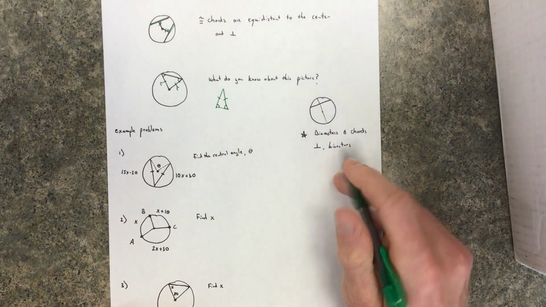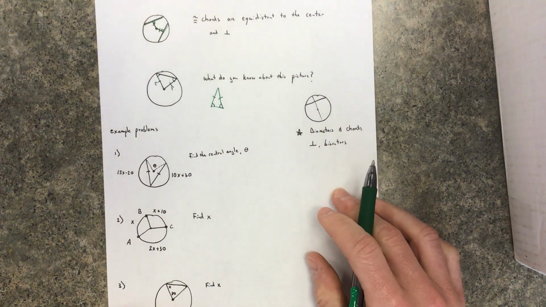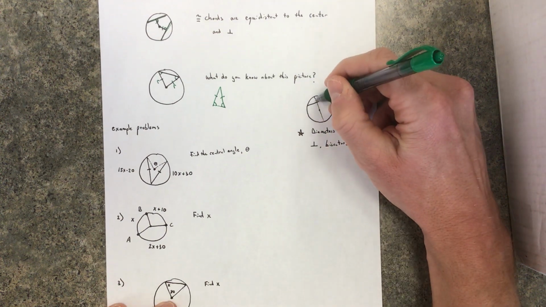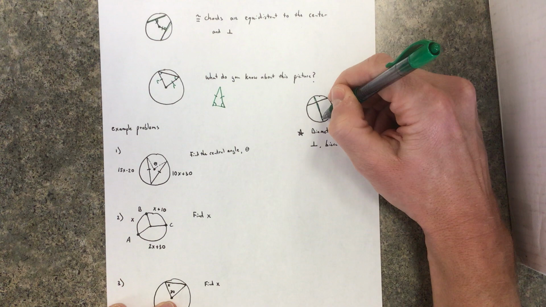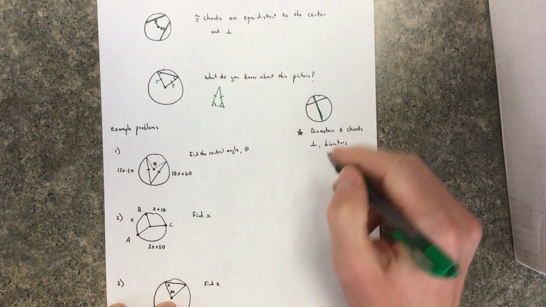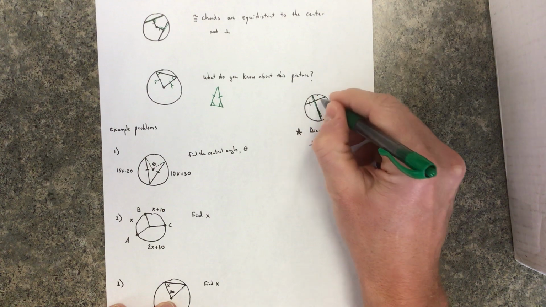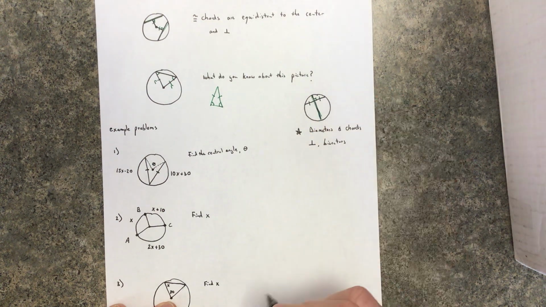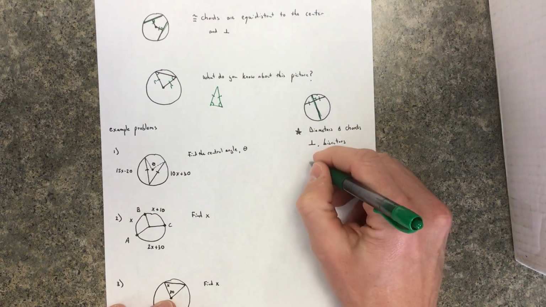So it's like a throwback to isosceles, but it's involving a circle. And then one more theorem, and there are a lot of them. If you are a diameter, meaning this guy, then you for sure bisect this chord, which means you cut it in half, and you're perpendicular. And that's also a biconditional.